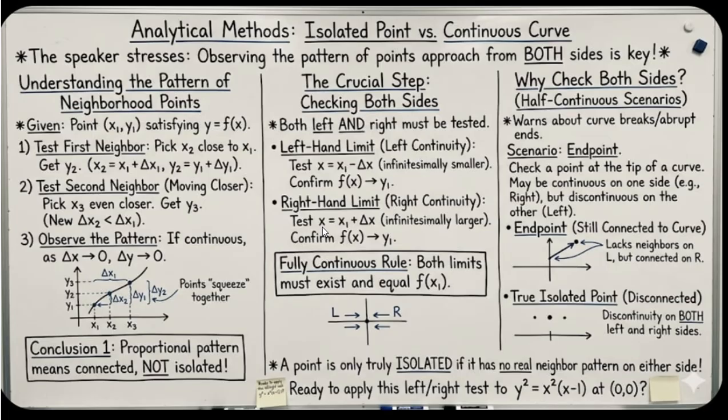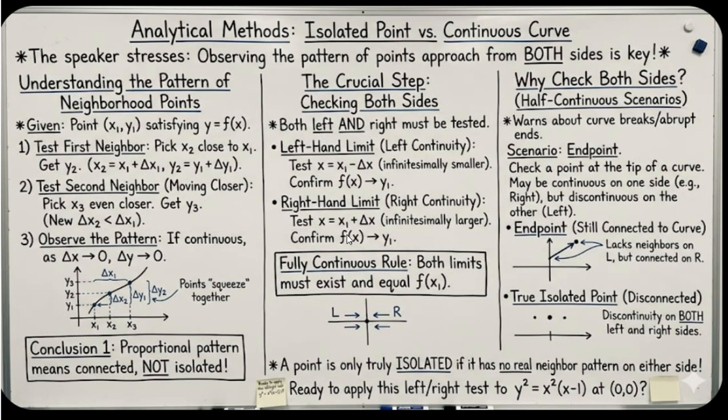But coming to the right continuity, if you choose a point around x1 on the right side, that is, if you take x is equal to x1 plus delta x, what happens? Whatever the f of x is, it should be close to y1.